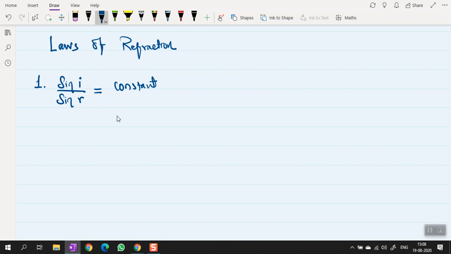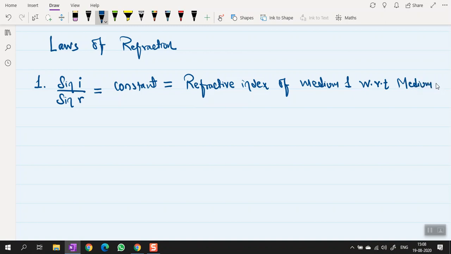The ratio of sine of angle of incidence to the sine of angle of refraction is always constant, and it is known as the refractive index of medium 1 with respect to medium 2.